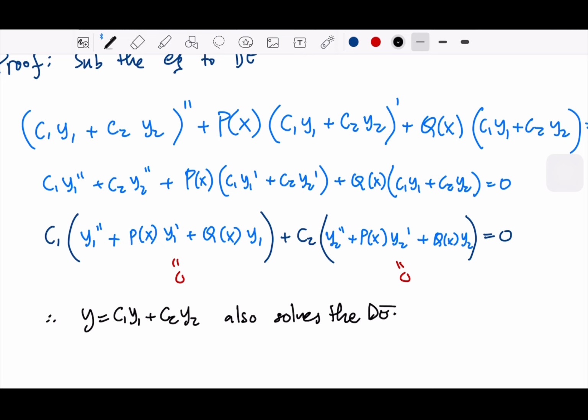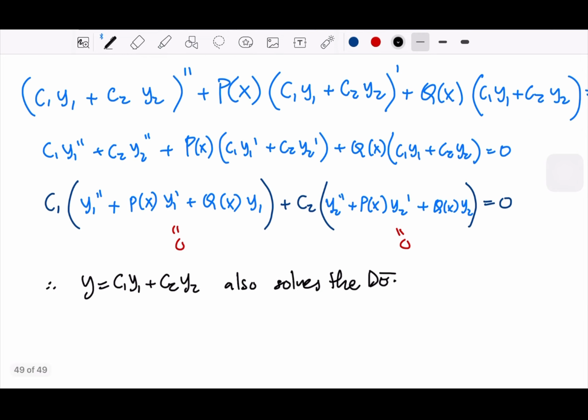So, as a conclusion, any constant multiplied function, if that is a solution, if you change the constant, it will not change the fact that it's always a solution. So let me write here. Conclusions.